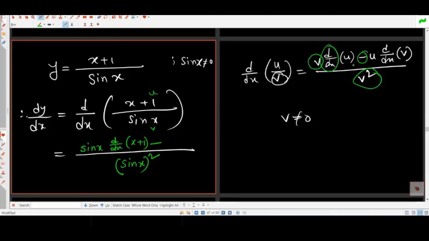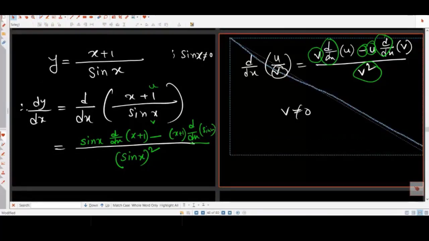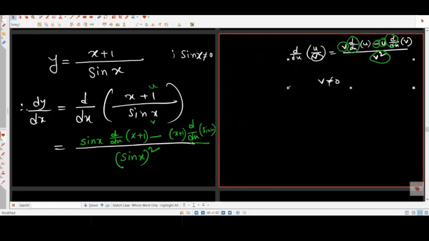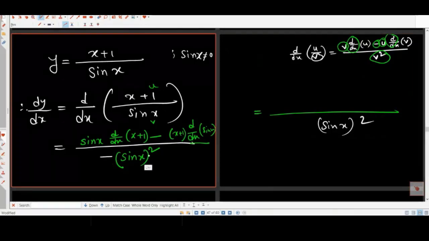So negative u, that is x plus 1. Then d/dx of v, which is sine x. So we will get our desired answer if we solve this one. Here in the denominator we have sine x squared, so we can keep the same thing here because we don't have d/dx before sine x squared. Whatever quantity we have in the denominator, we are writing the same thing.